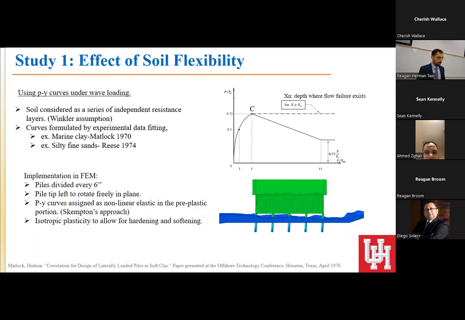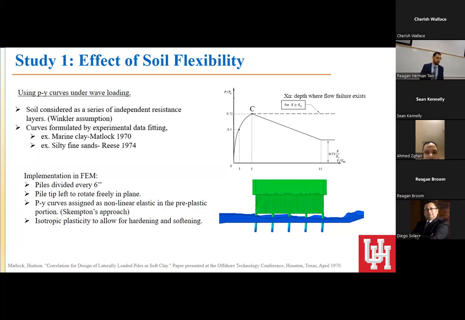So what we did was that we divided our piles every 6 inches, then installed a PY spring there, and we left the pile tip here. That's what I'm referring to. We left it to rotate freely in plane, because if you see many pictures of how the foundations fail in coastal houses, you always see something that has been pushed by the wave and it is standing like the Tower of Pisa. So we thought that this would represent reality.